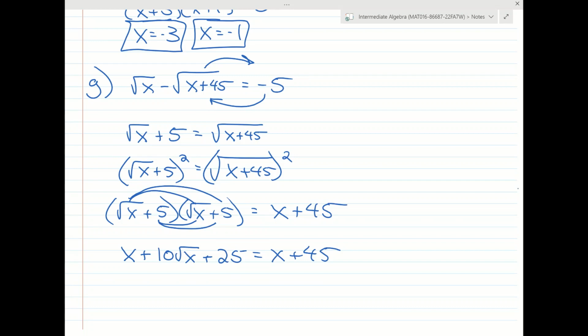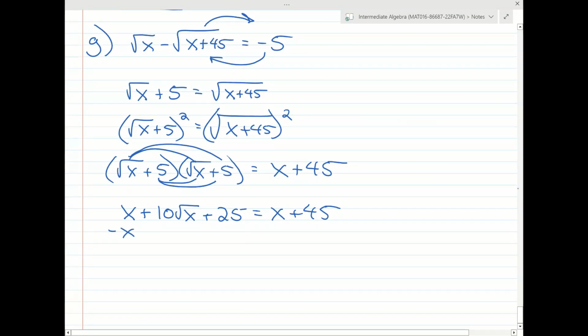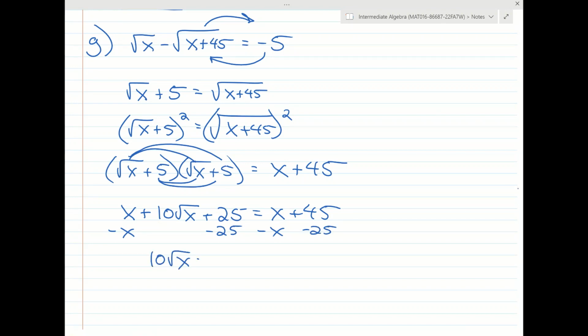Now remember what we want to do. We square the hardest radical. Now we get the next radical by itself, square that, and then finish it. I'm going to subtract x on both sides here, and subtract the 25. You get 10 root x is equal to 20. Divide by 10.